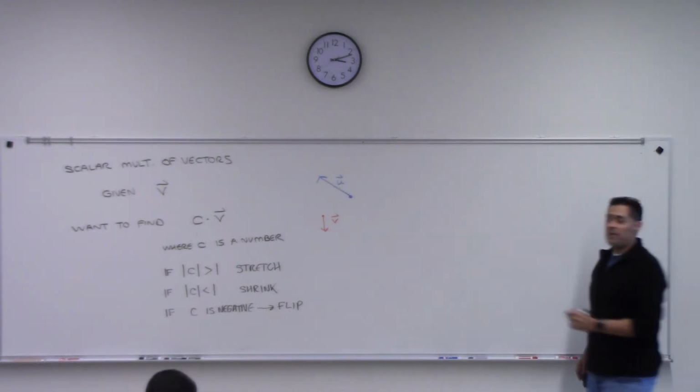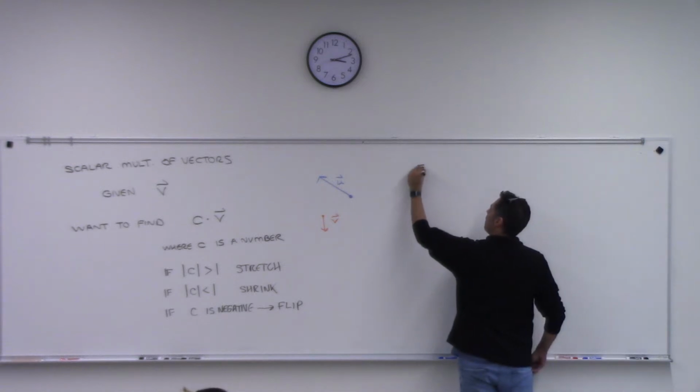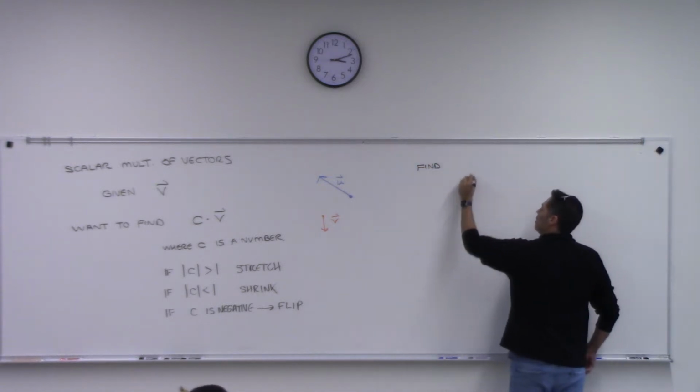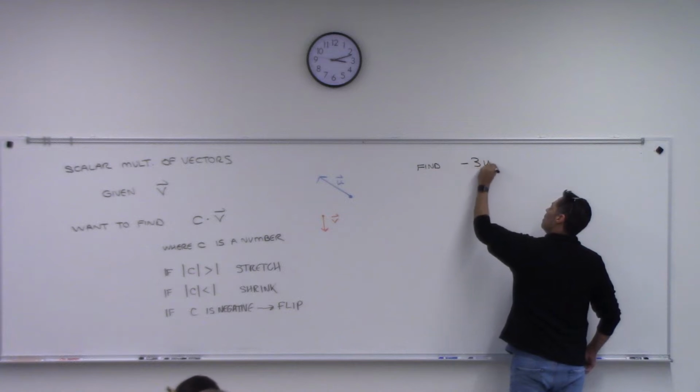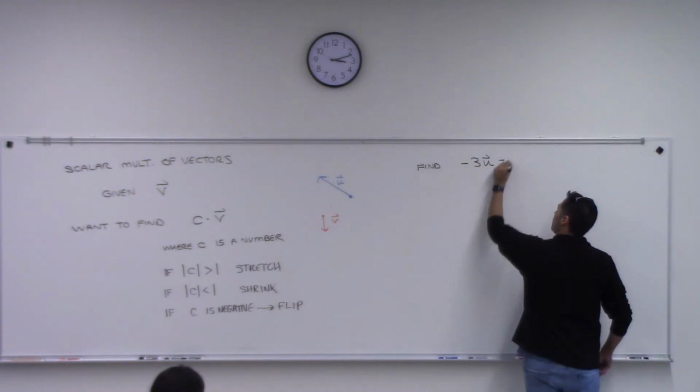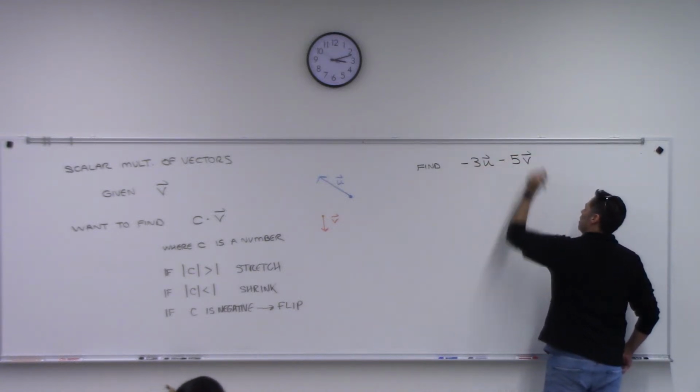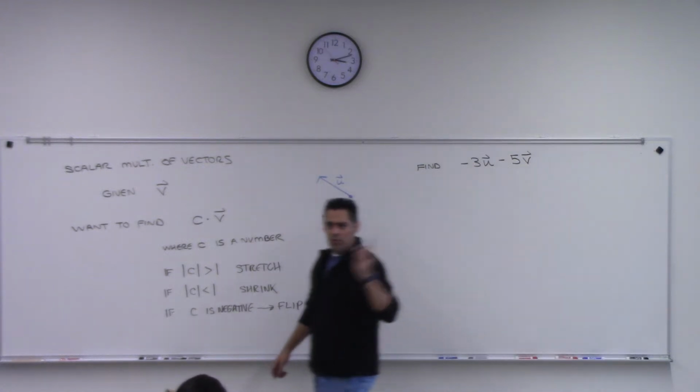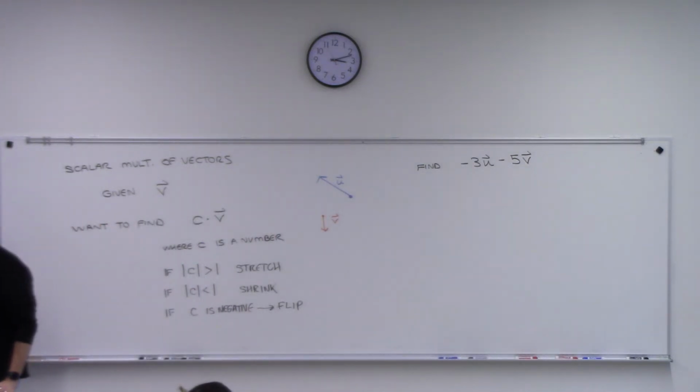I would like for us to find negative 3u minus 5v. I want us to draw that vector. Negative 3u minus 5v.